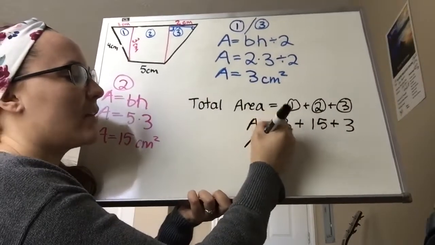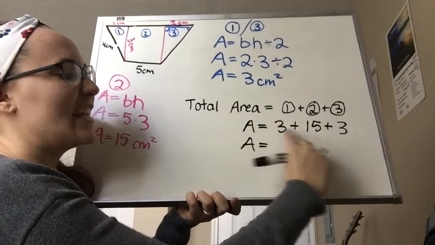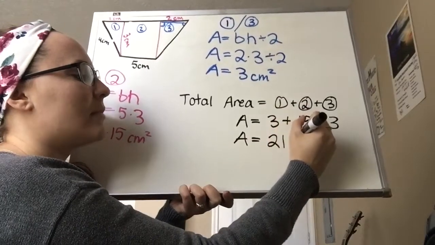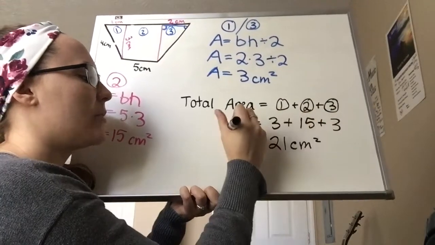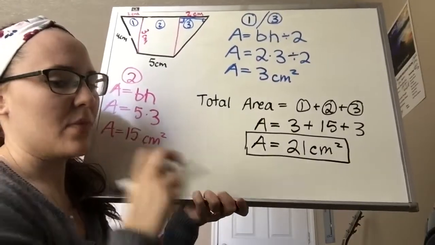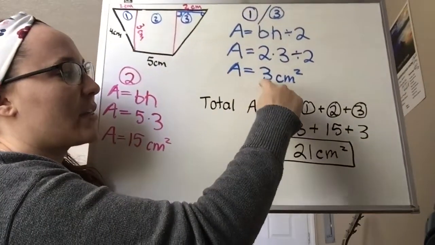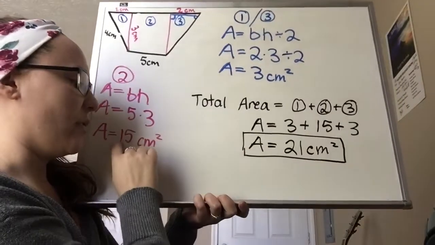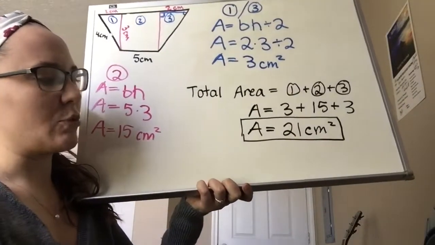So then I would get 3 plus 15 is 18 plus 3 is 21 square centimeters. That would be our total area for this shape. Okay? You could also multiply 3 by 2 since it's 2 shapes to get 6 and do 15 plus 6, which would still get you 21.